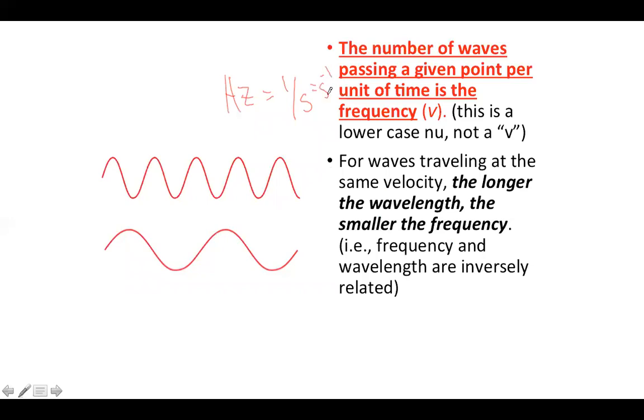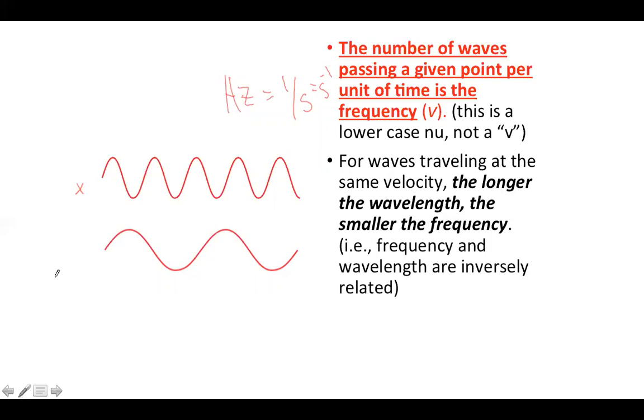Wavelength is the length of a wave, so crest to crest or trough to trough. Frequency is how many waves pass through some point per unit of time. If we marked some point here, say this X spot, we count how many of these waves pass through this point each second, and that gives us the frequency.